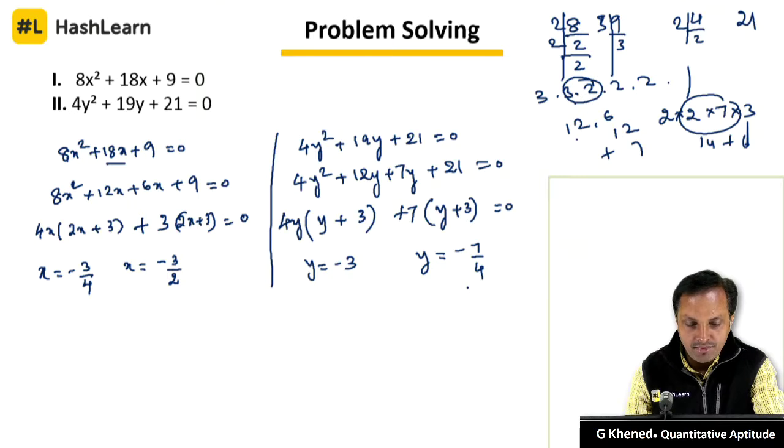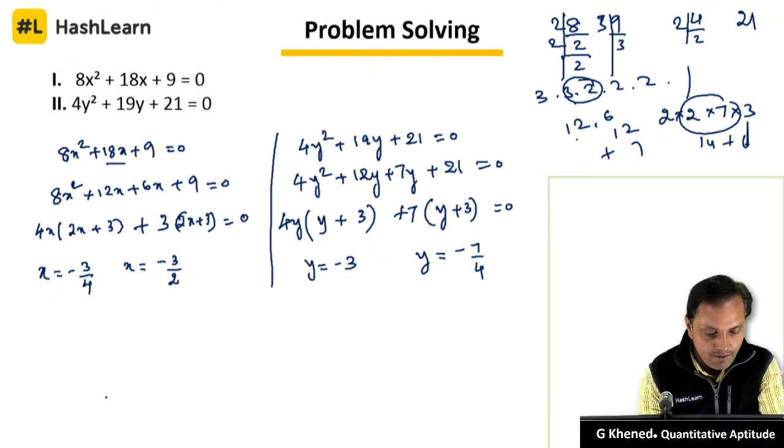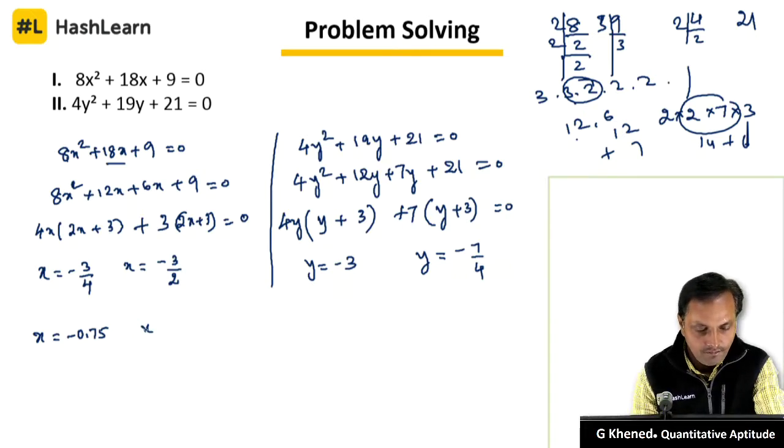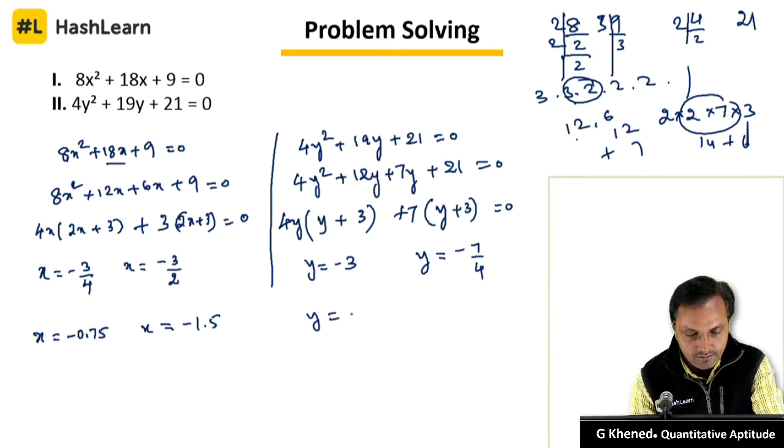Okay, now you have to observe these values and decide. So what is 3 divided by 4? It is minus 0.75. This is minus 1.5. What about y?